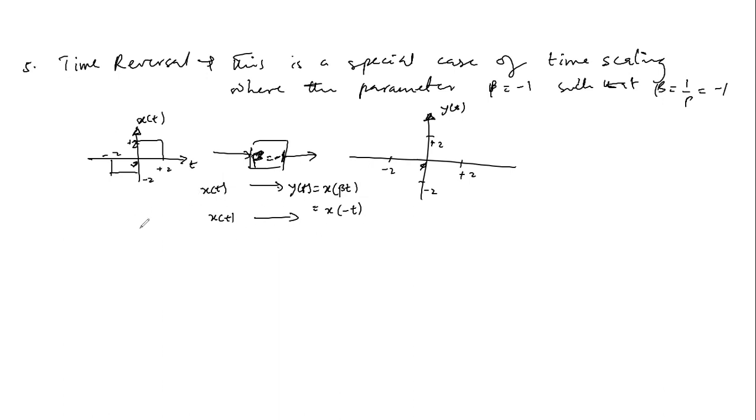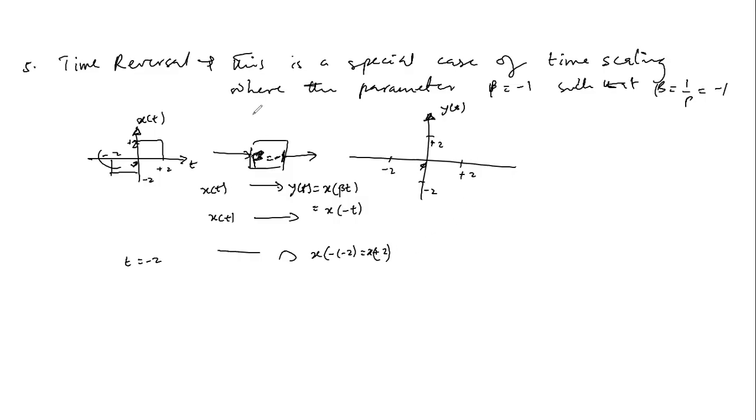So at t equal to -2, then y of t is the same as s of minus times minus 2, which is equal to s of positive 2.